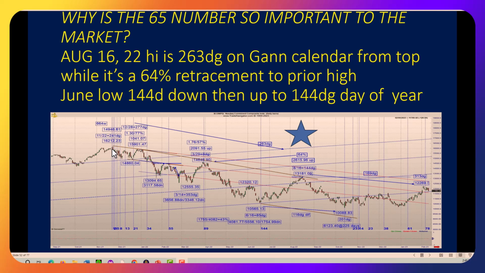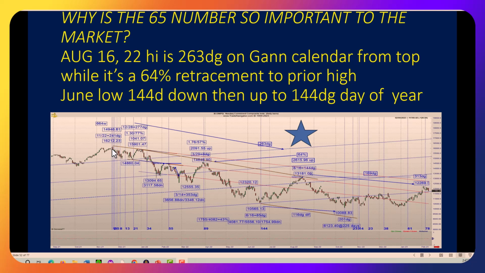So 65s and 66 are very important to the market. Gann would tell you that 2/3 is very important, but I don't think that Gann really ever gave a practical application and explained how this stuff works and how it can benefit you on a daily basis.